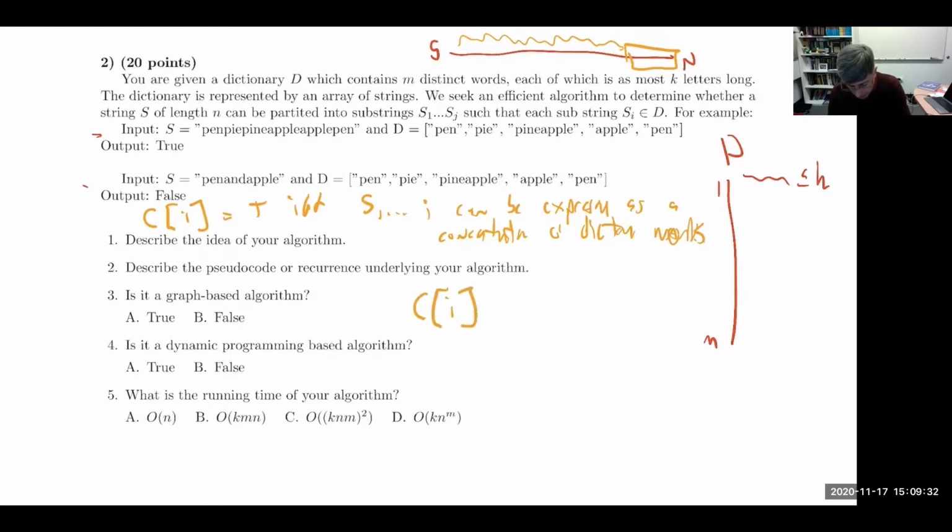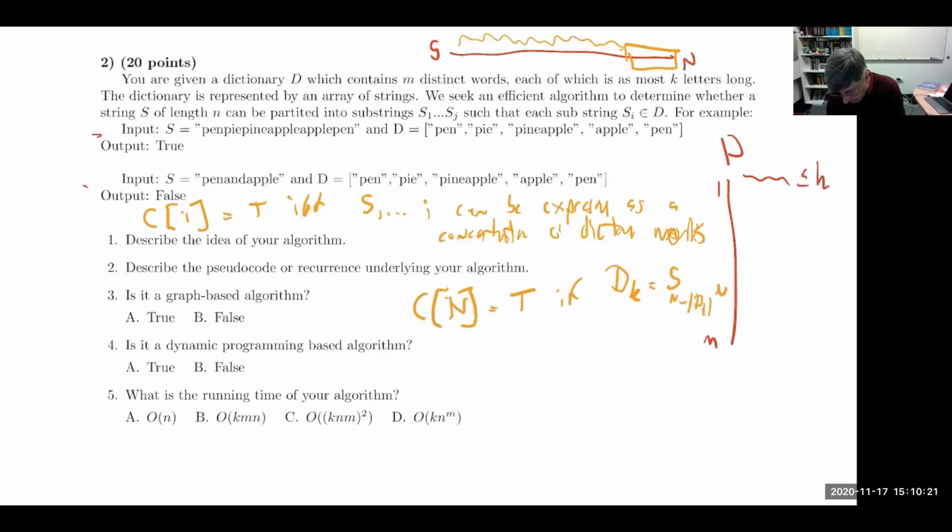C sub n is going to be true if, let's say, my dictionary word d sub k is equal to, from my string S, the portion ending at n, from n minus the length of d sub k.